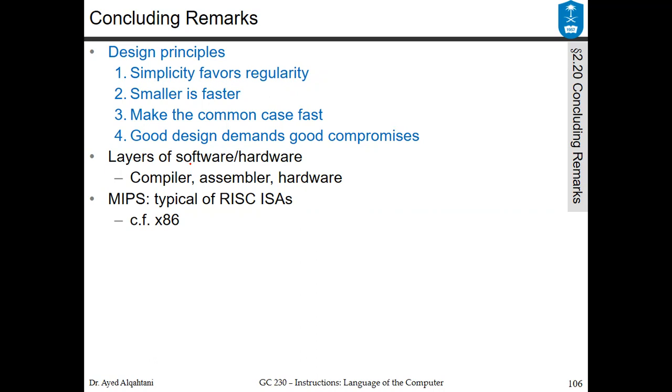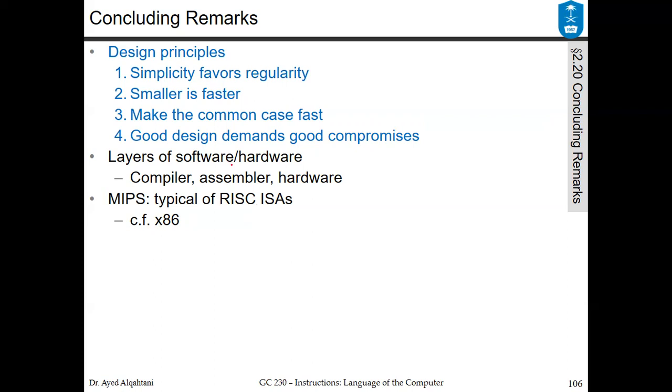You have layers of software between the software and hardware, like the compiler and the assembler. The important thing that we studied in this chapter is that the ISA is the layer between the software and the hardware. MIPS is a typical RISC ISA, reduced instruction set computer ISA, contrary to x86.